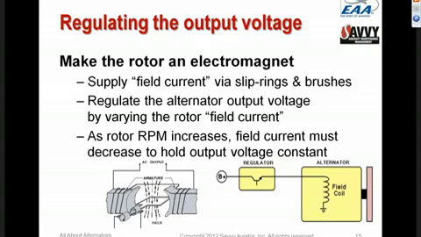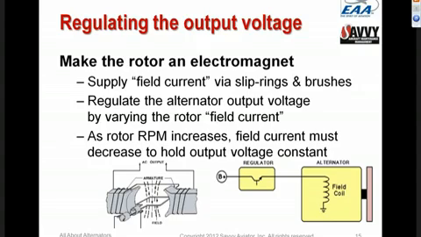So we set up a regulator that senses the output voltage of the alternator, and if the output voltage is getting a little high, it reduces the amount of field current and weakens the magnetic field of the rotor to compensate. And conversely, if the output voltage is getting a little low, maybe because we reduced RPM a little bit, say gone from climb to cruise, it will increase the field current that goes through the rotor, increase the strength of the magnetic field, and bring the output voltage back up.